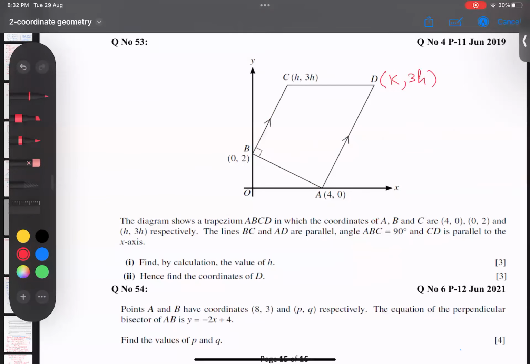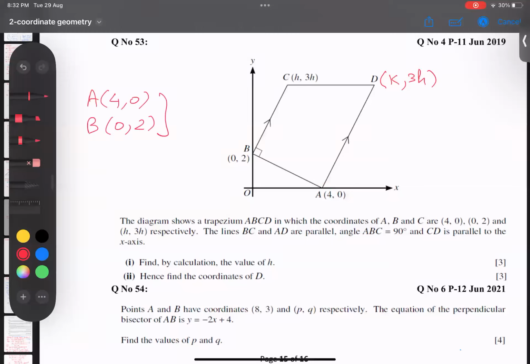First of all, do we have these coordinates? Yes. So I'm going to find the gradient of AB. A is (4, 0) and B is (0, 2).